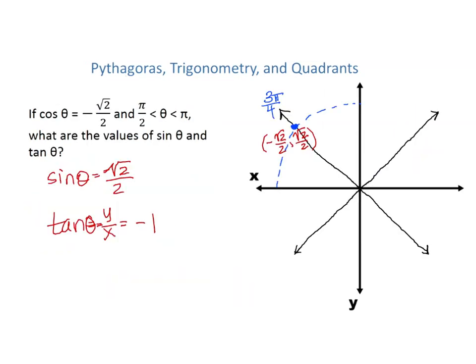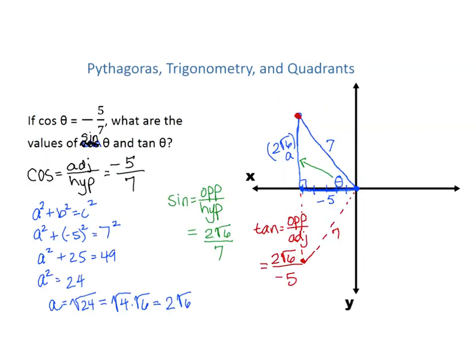And we saw that actually back here when we did that tangent is y over x, because if we go back another one, here where we did tangent equals opposite over adjacent, what we're actually saying is the y value of this point is the opposite over the x value of this point, which is the adjacent, right?